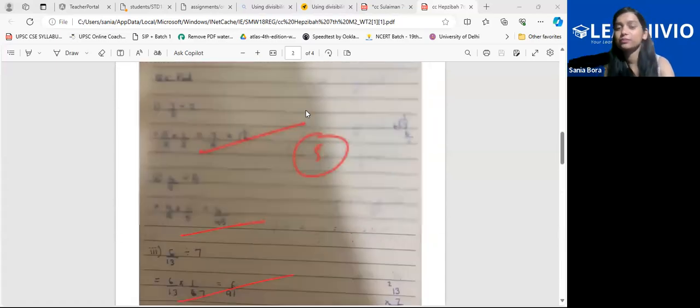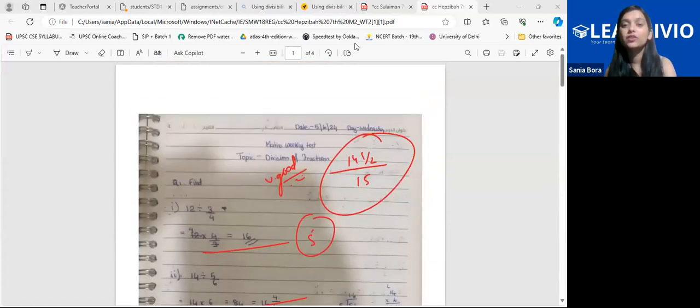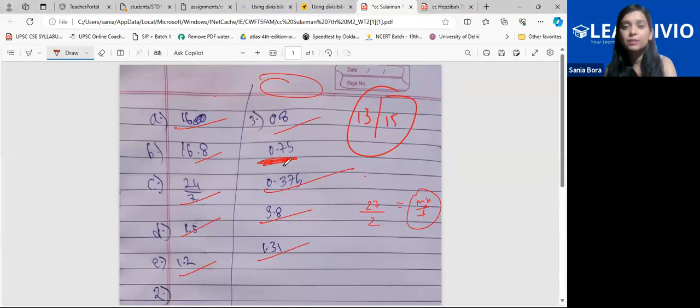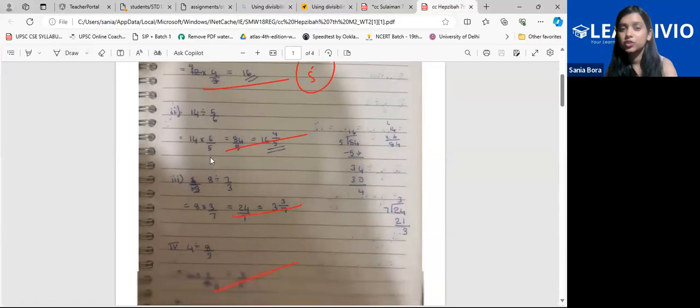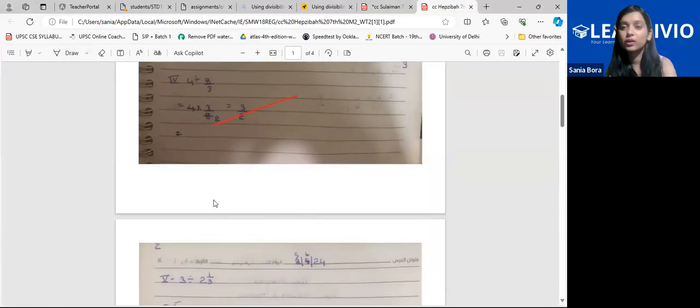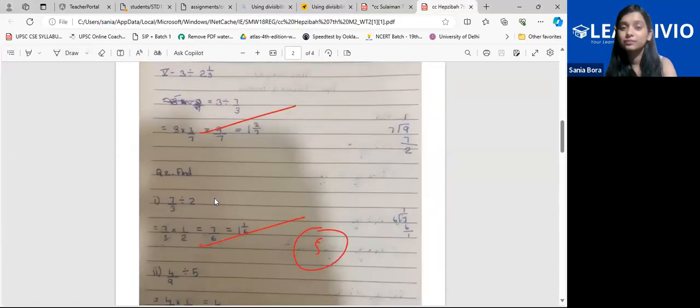It was really good. So Suleiman, whenever you do answers, no matter whether it is right, I would have given you marks, but still you have written the answers. I need the steps as well. Can you see Hepzibah's paper? Yes, ma'am. She has done it like this.